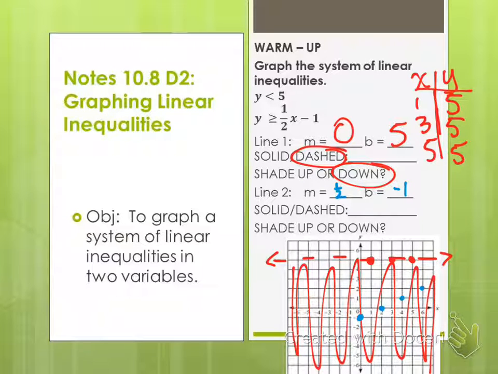So up 1, right 2, since they're both positive. Or as we've talked about before, instead of going up and right, where else could we go? Instead of up and right, we could go down and left. So we get several points on that graph. We have to decide if the line through those points is going to be solid or dashed.